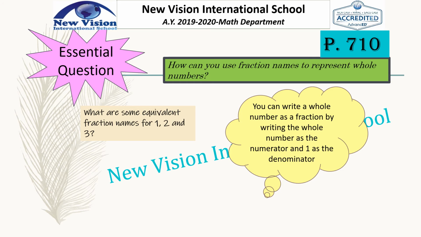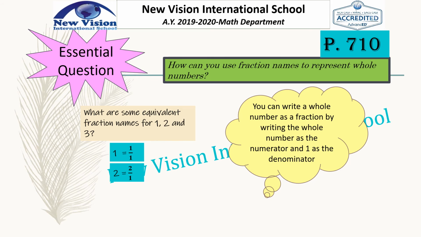We have here, 1 whole divided into 1 equal part can be written as 1 over 1. 2 wholes, each divided into 1 equal part, can be written as 2 over 1.